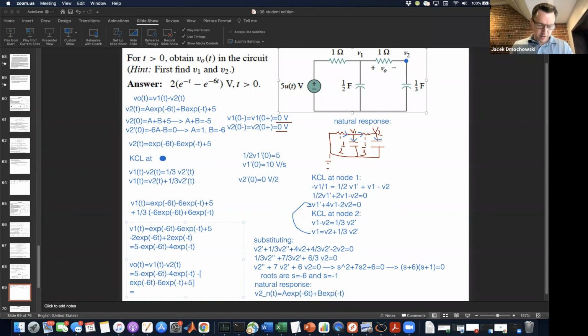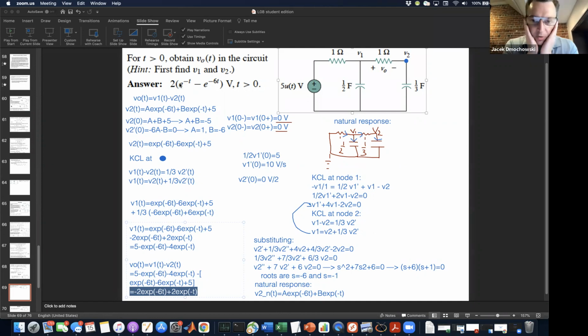That becomes, the 5 comes out, and what you're left with here is minus 2 exponential negative 6t plus 2 exponential negative t. And that is your final answer, which matches up here.